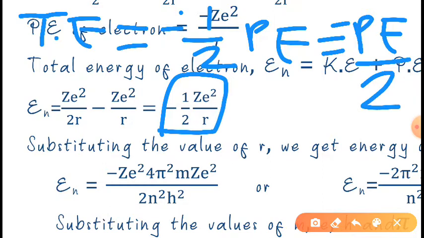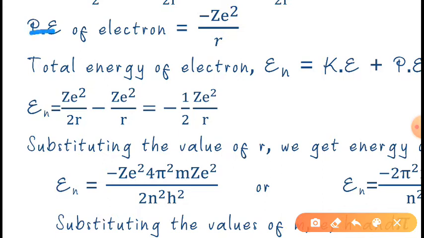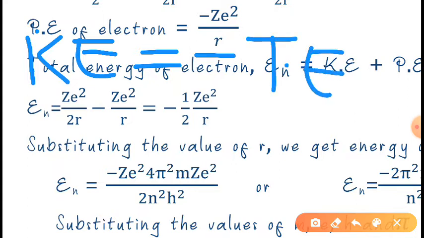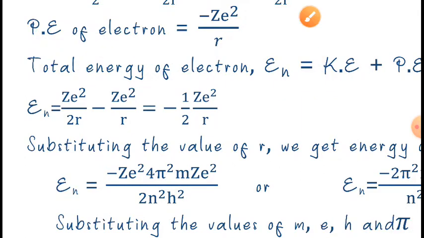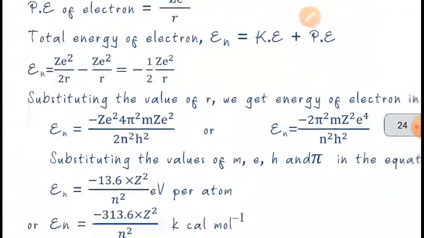We can also write that kinetic energy is equal to minus of total energy. In this way we can conclude this. Now after this, we will just put the value of r.